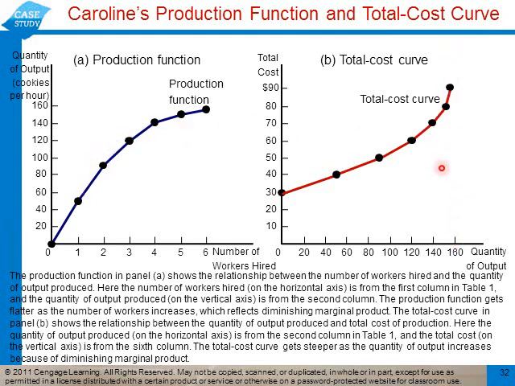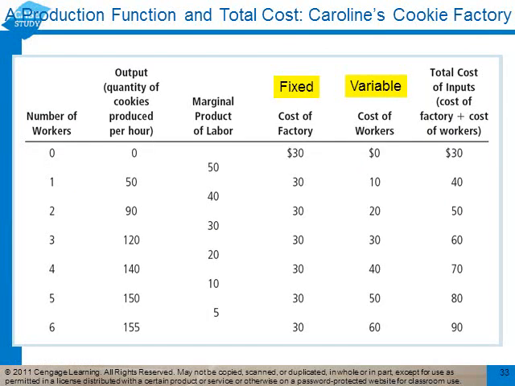So somehow these curves work together, if you want. And here you have the entire picture that you need to build that chart. That chart is built based on these numbers here. You increase the number of workers from 0, 1, 2, 3, 4. If you have 0 workers, nobody produces, so the output is 0.